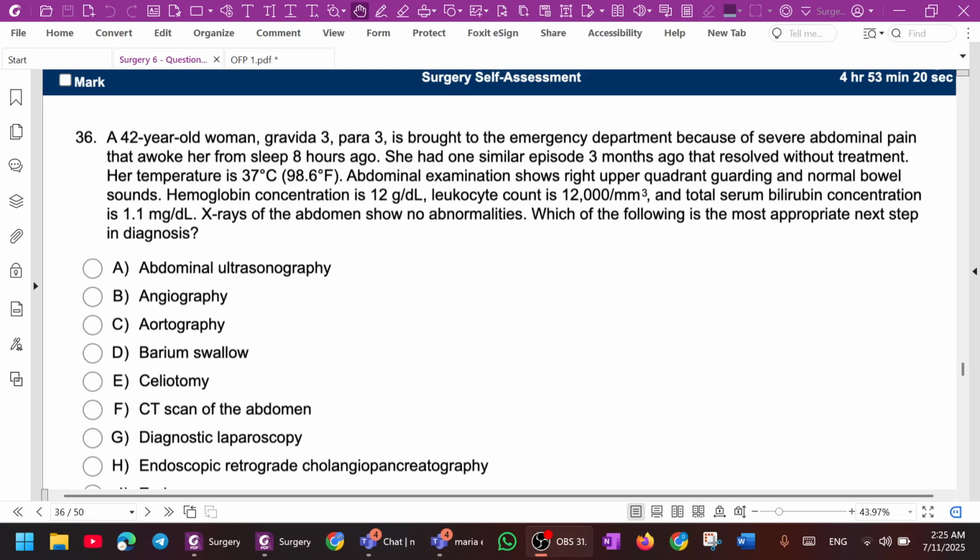Her temperature is 37 degrees Celsius. Abdominal examination shows right upper quadrant guarding and normal bowel sounds. Hemoglobin concentration is 12 grams per deciliter. Leukocyte count is 12,000. Total serum bilirubin concentration is 1.1. X-ray of the abdomen shows no abnormality. Which of the following is the most appropriate next step in management?